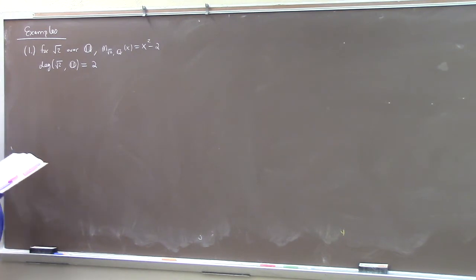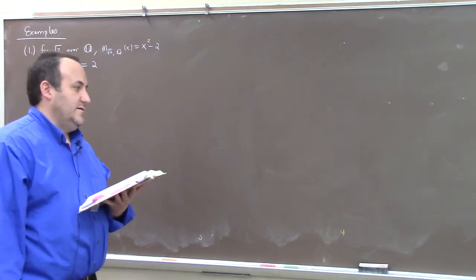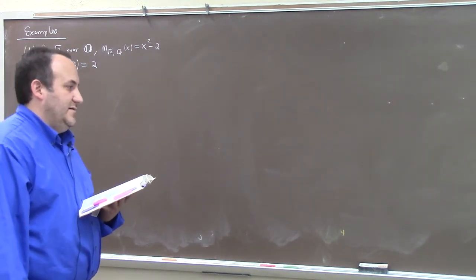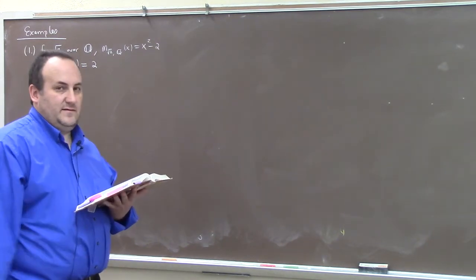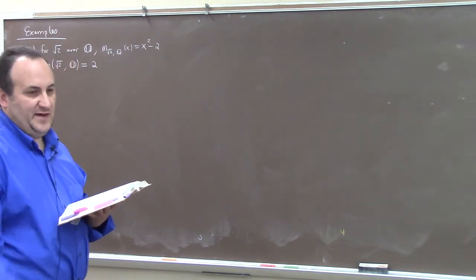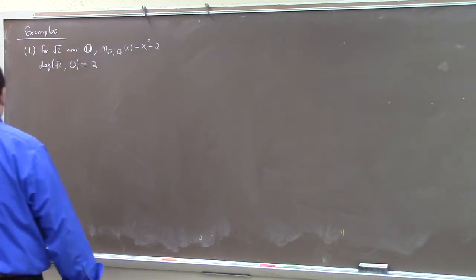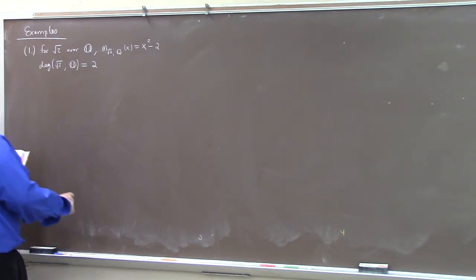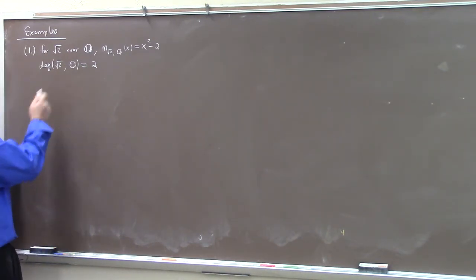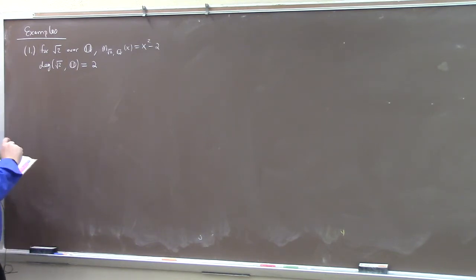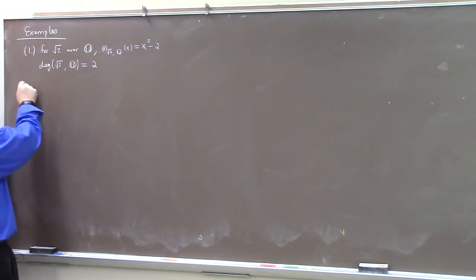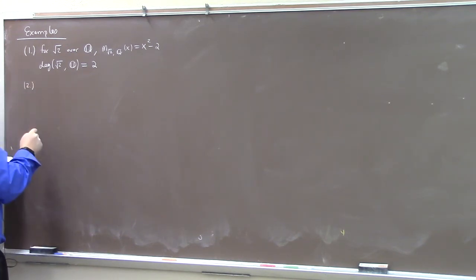I think I wrote degree of alpha down there. When you write that, the base field F is understood. So the square root of 2 has degree 2 over the rationals, but it's got degree 1 over the reals. So the base field in consideration matters.